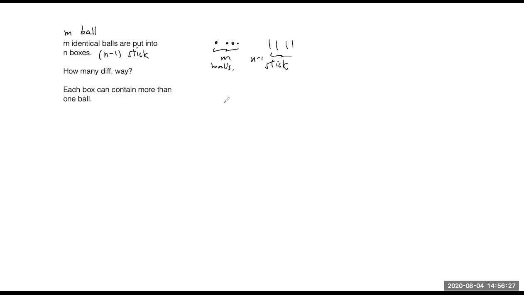Then you have the (n plus m minus 1) factorial choices. But because the balls are identical, the order of the balls doesn't matter, so you need to divide by n factorial. And the order of the sticks does not matter also, so you need to divide by m minus 1 factorial. Then that's your answer.